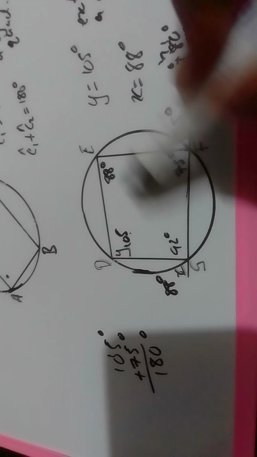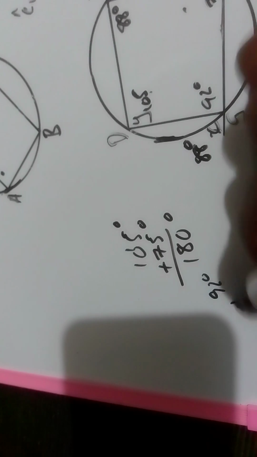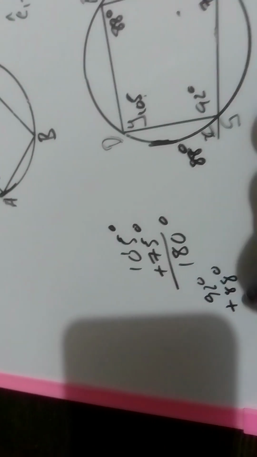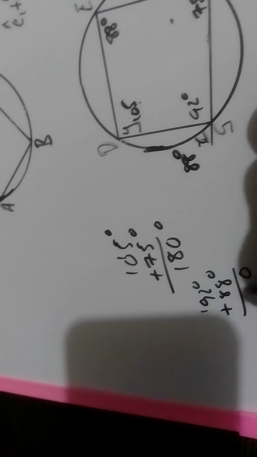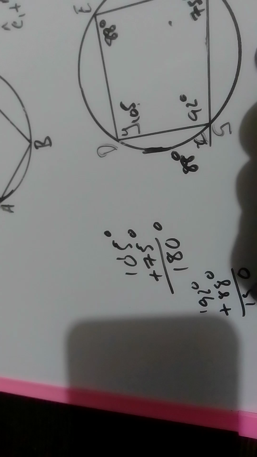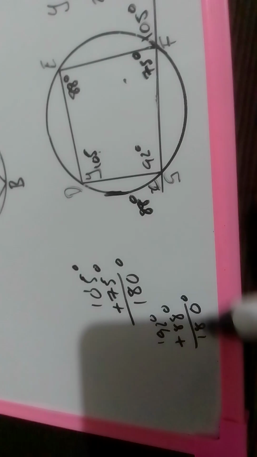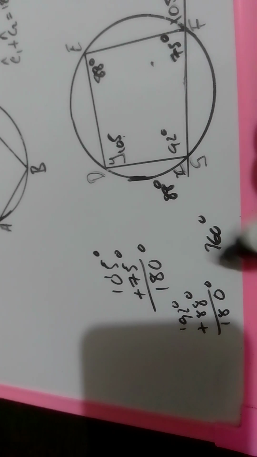Now I must use these two opposite angles, 92 and 88. Now I say 92 degrees plus 88 degrees. 8 plus 2, 10. Carry 1. 9 plus 1, 10. Plus 8, 18, 180 degrees. And 180 degrees plus 180 degrees is equal to 360 degrees.